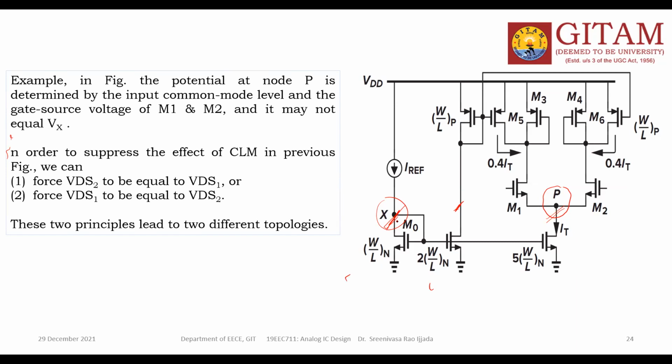Either this equals that or that equals this; both are the same. Suppose here the voltage is 5 volts, make it appear here as the same 5 volts. Or if here you are getting 4.5, make the corrections to get 4.5 here. These two principles lead to the differential topology.